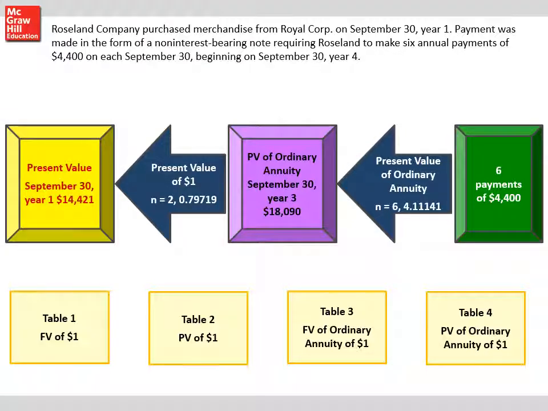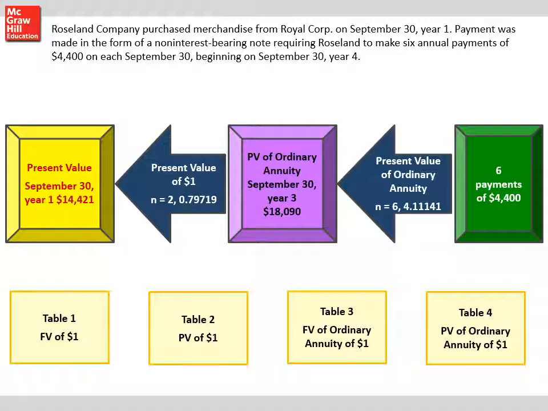And when you see this, you'll use the present value table and you'll say, okay, the present value of the annuity on September 30th of year 3, which is really the future value of 1. We want to know, if we're just earning interest between the end of year 1 and the end of year 3, what's the present value? What is that worth?